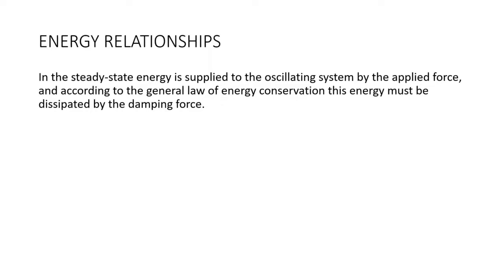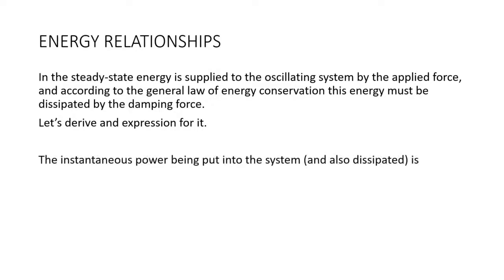So what we'd like to do now is to get an idea of what those values are. So let's see if we can derive an expression for the power being supplied by this external harmonic force, which is therefore also being dissipated. We know that the instantaneous power is given by this expression, because we know that this is the force, and this is the velocity, so the product gives us the instantaneous power.